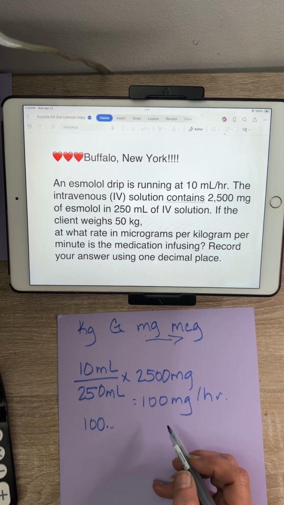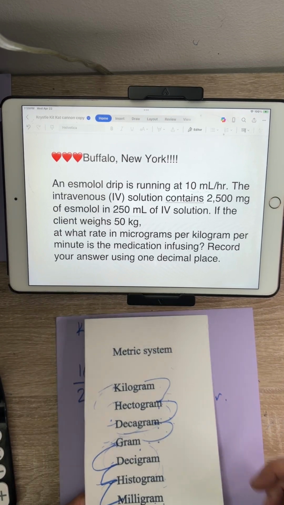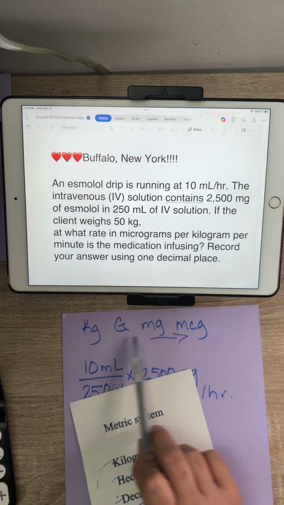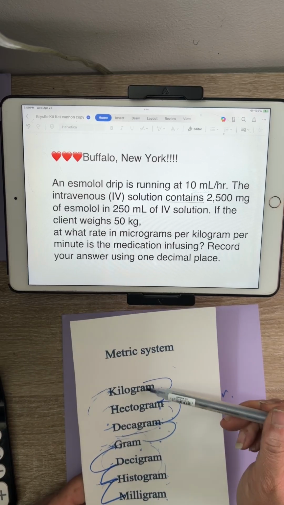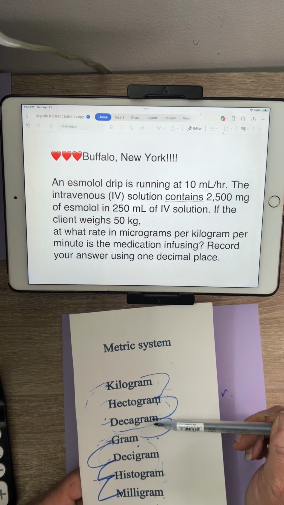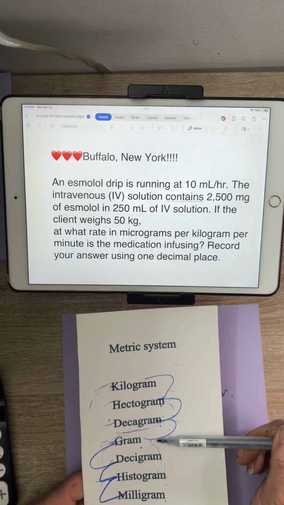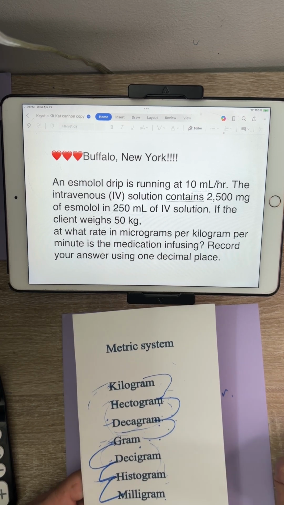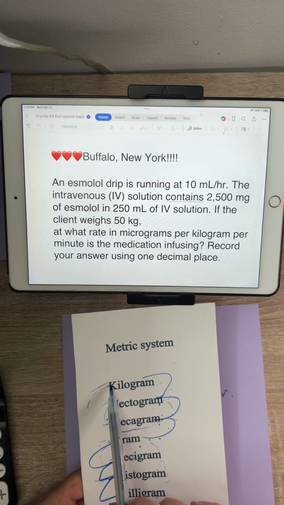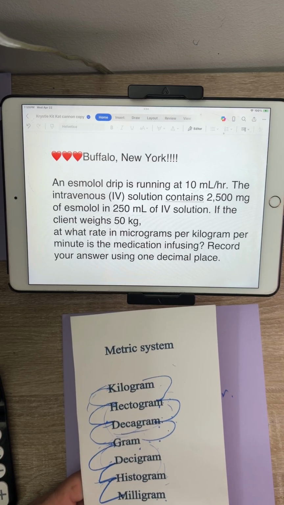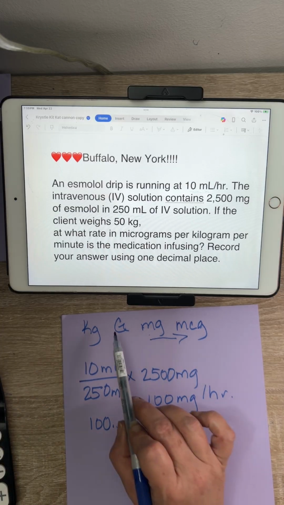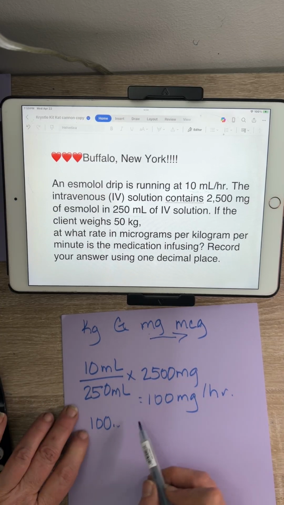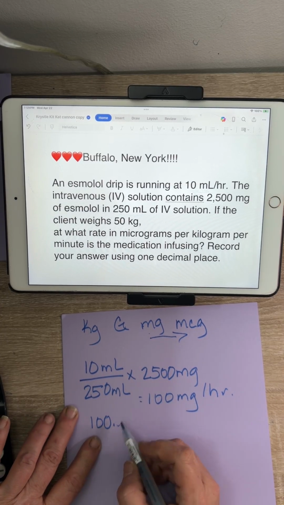And let me just explain why. In the metric system, between each one of these, you have kilogram, hectogram, decagram, and then a gram. In medicine, we don't deal in hectas and decas. So you move that decimal 3 times to get to grams, and grams to milligrams 3 times, and to get milligrams to micrograms 3.